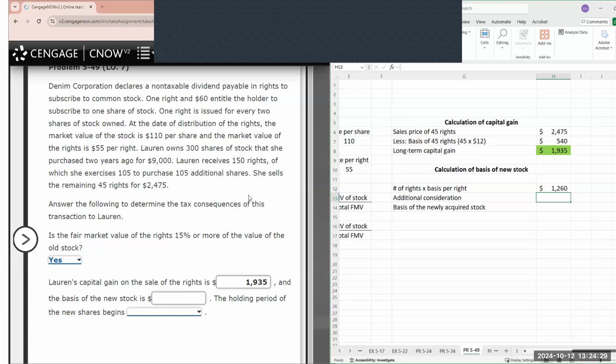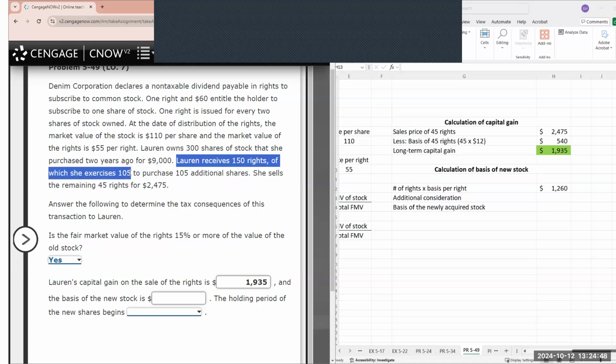And then in essence, we also have additional consideration that we need to take into account. Or in this case, let me rephrase it to make sure there's no confusion. We have 150 rights. We exercised 105 to purchase. So this is the 105 multiplied by 12. So the 105 rights multiplied by $12 per right.